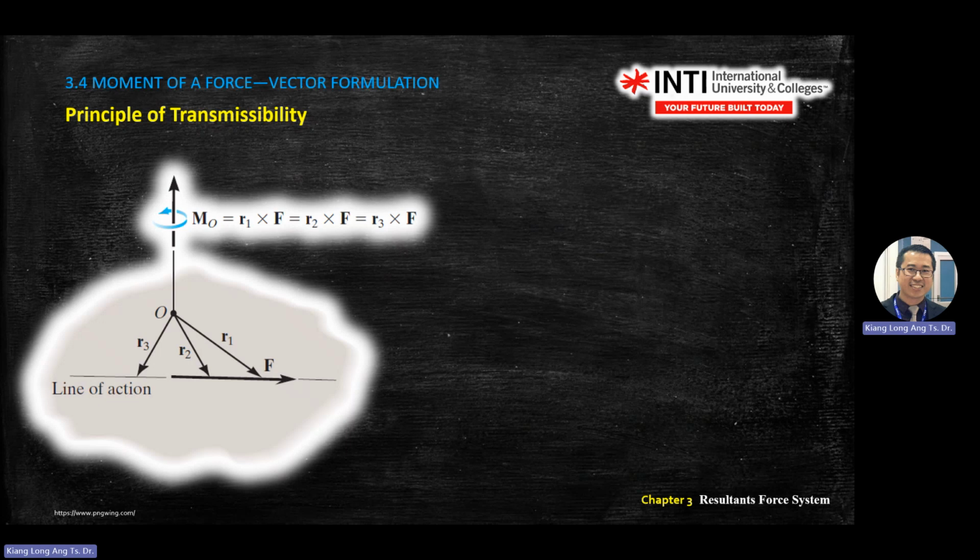It's the same as I extend this R2 from this location to the force. I extend this one. So R2 cross F, I still get that direction. Same with R3. R3 cross F, I still get pointing up.